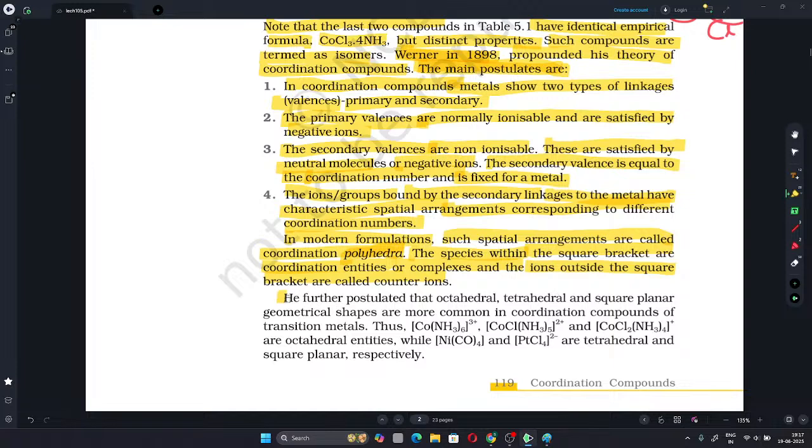Werner further postulated that octahedral, tetrahedral, and square planar geometrical shapes are more common in coordination compounds of transition metals. Thus, Co(NH3)6, Co(NH3)5, and CoCl2(NH3)4 are octahedral structures, while Ni(CO)4 and PtCl4 are tetrahedral and square planar respectively.